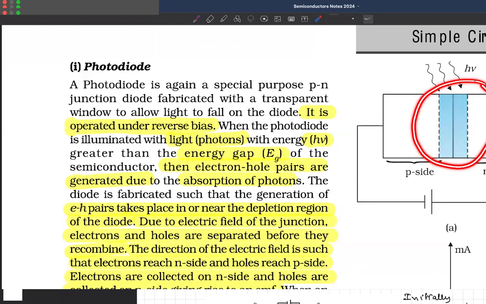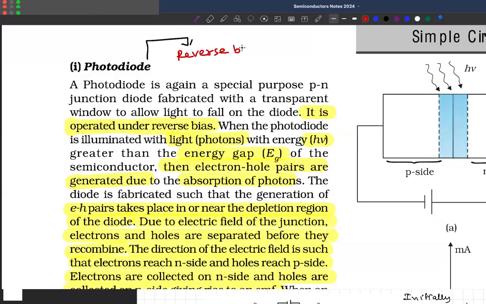Now what happens? Remember one point. Photodiode is operated always in reverse biased mode. Theory type questions, you are expecting this. Reverse biased mode. Why and how and what happens?